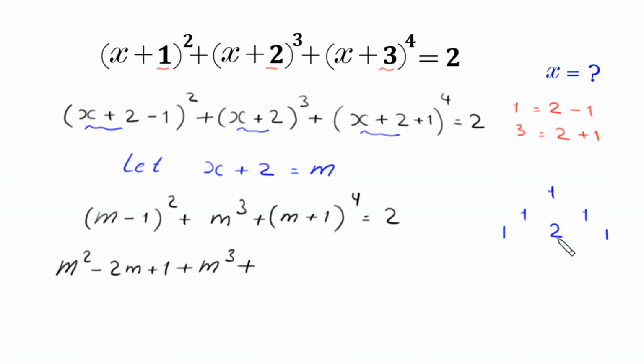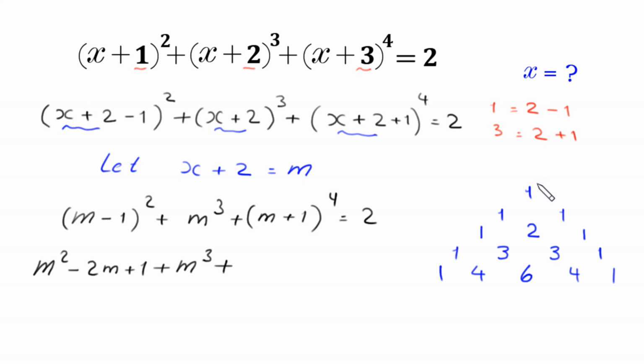Now if we add this 2 and this one, we get 3, and if we add this 2 and this one, we get 3. In the start we write 1, in the end we write 1. Now this 3 plus this 1 is 4, and this 3 plus this 3 is 6, and this 3 plus this 1 is 4, and in the last we write 1, in the start we write 1.